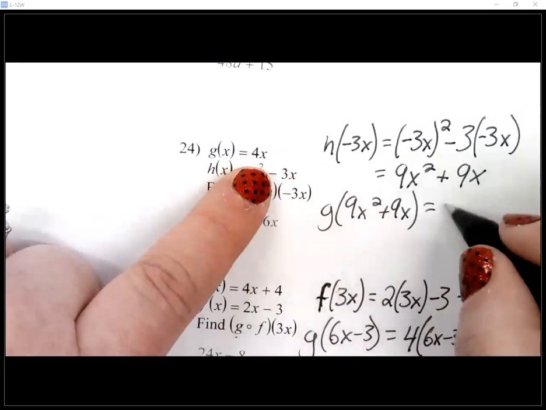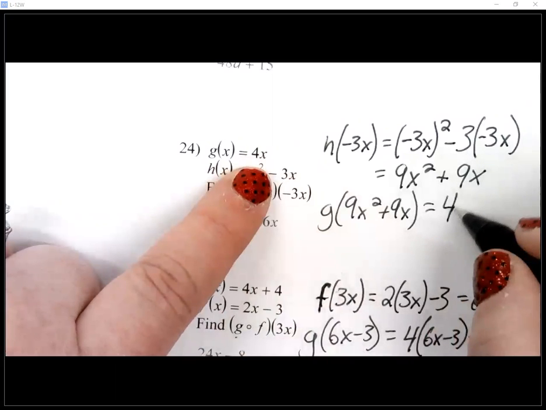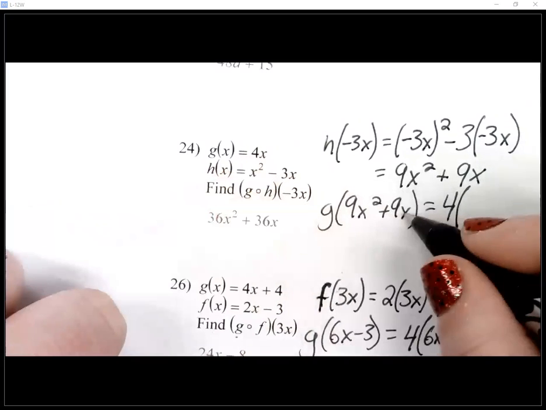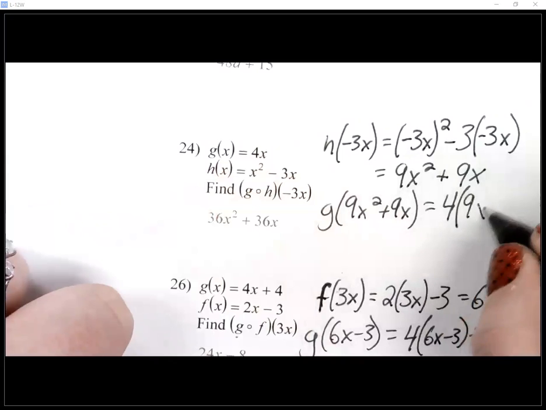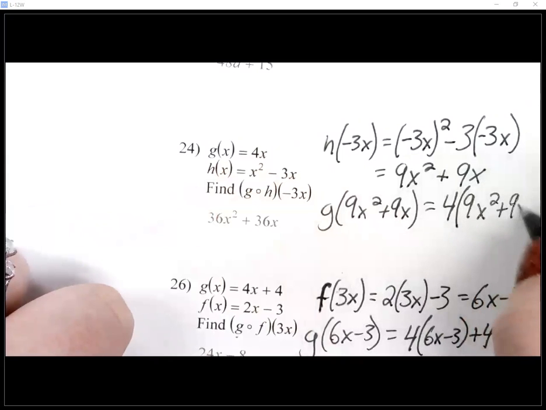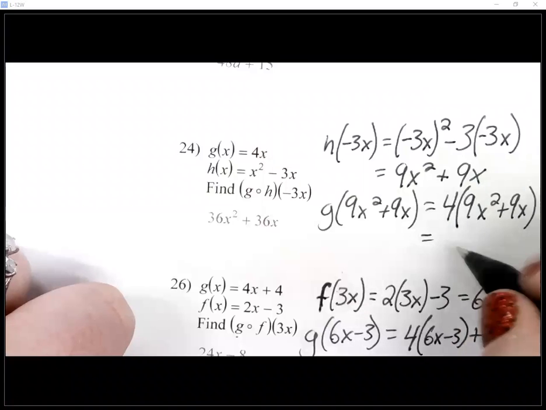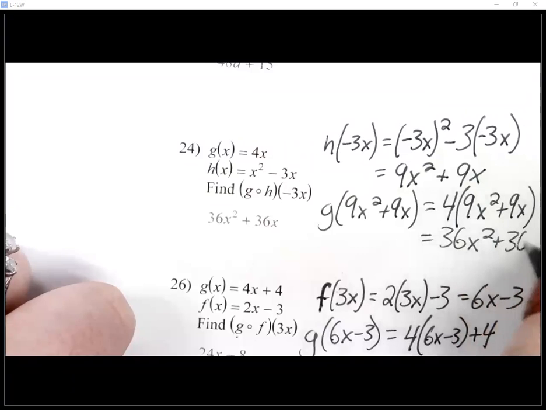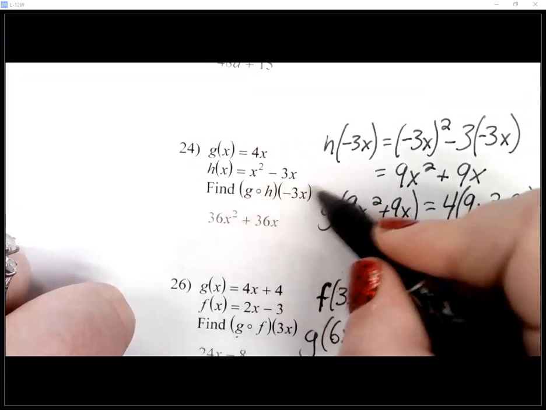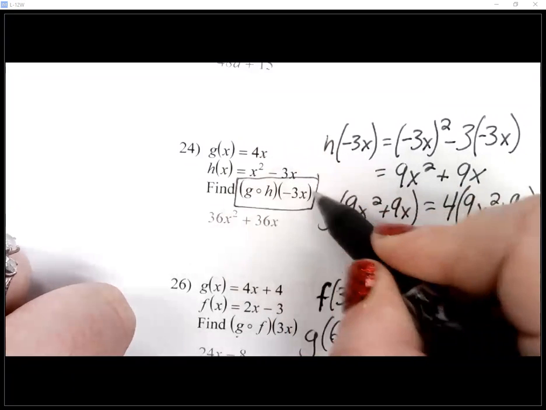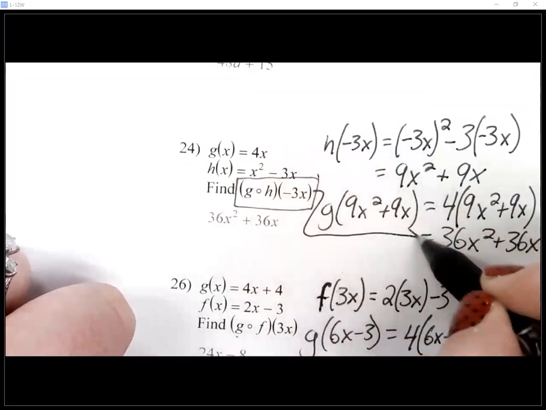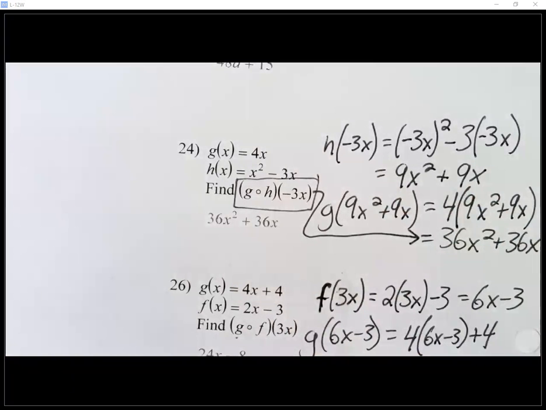So 4 times, instead of writing the x, I replace it with everything that's in here, 9x squared plus 9x. And now all I have to do is evaluate that, and that will be my final answer. So that's 36x squared plus 36x, and that is this. And I am finished. And it matches the answer key, so I'm feeling pretty good.